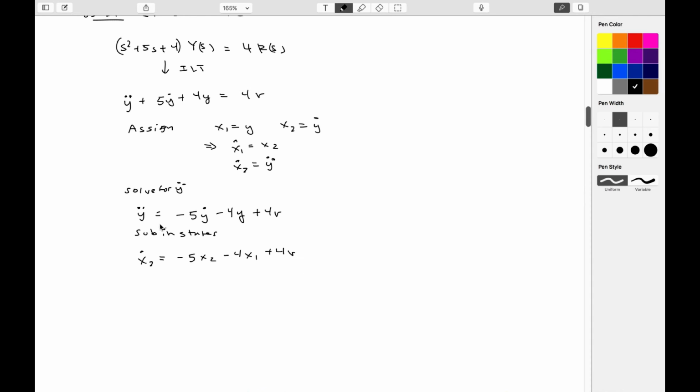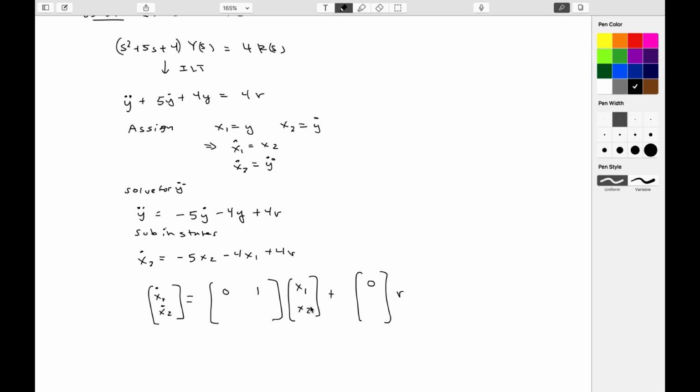All right, so we can actually collect these into matrices so that we have x1 dot, x2 dot is equal to, and this is going to be a square 2 by 2 matrix, times the state vector x1, x2, plus a blank times r.